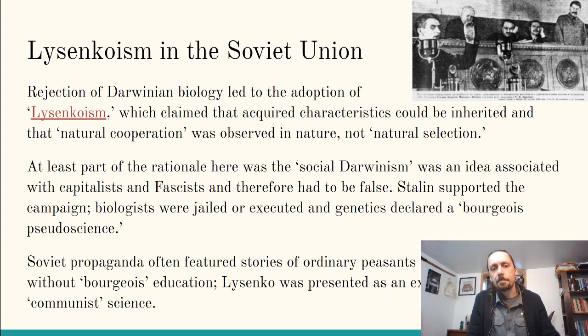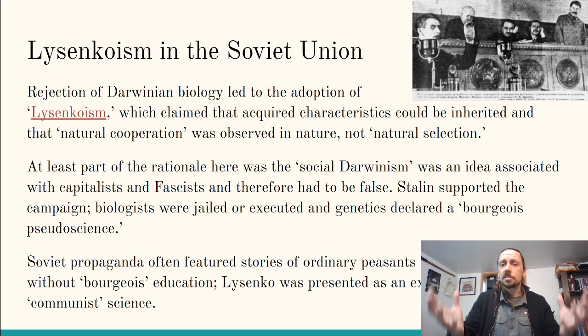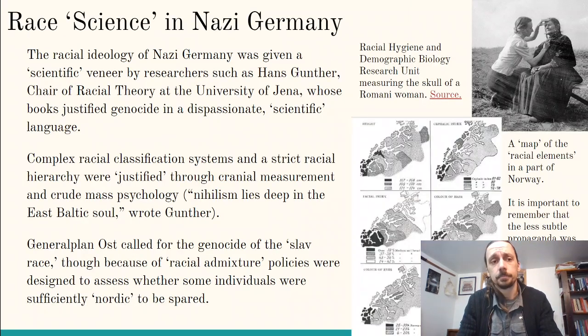Stalin supported this campaign. Biologists were jailed or executed because it was bourgeois science. But Lysenko was communist science. So again, we have the rejection of reality and the substitution of a fake reality that is more in line with the consistent ideological world picture.